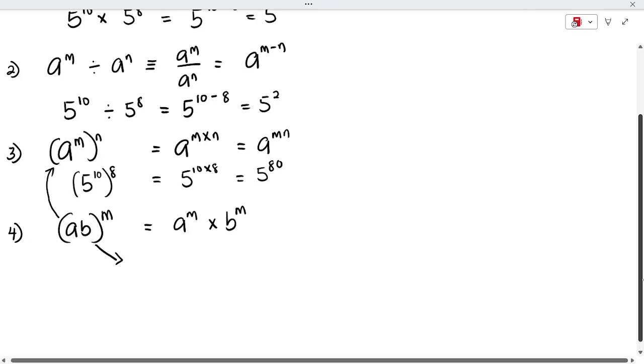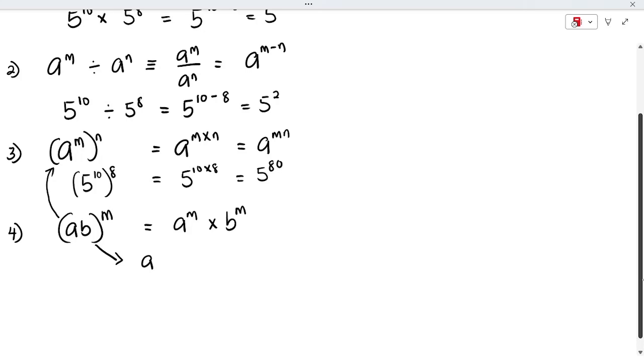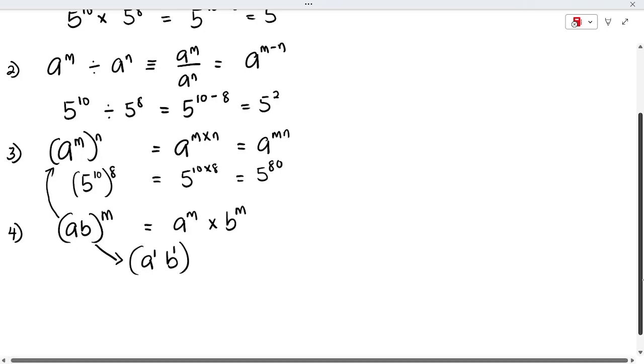Here is how. You have A. Now the point here is that whenever you have a number without a power, it is actually raised to the power 1. So you have A raised to the power 1, then you have B raised to the power 1. They are both raised to the power of m.